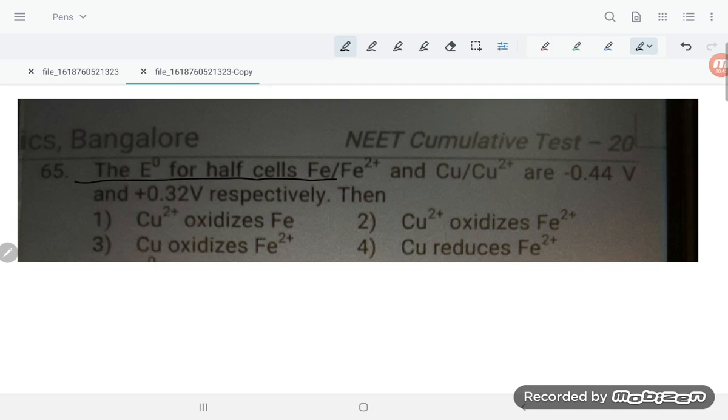The E° for the half cells Fe²⁺ and Cu²⁺ are given respectively. So what will happen?